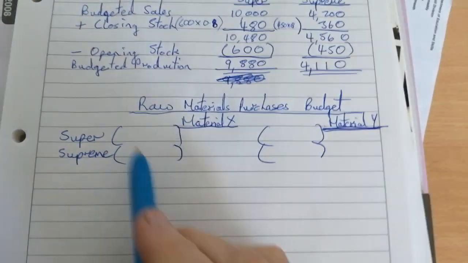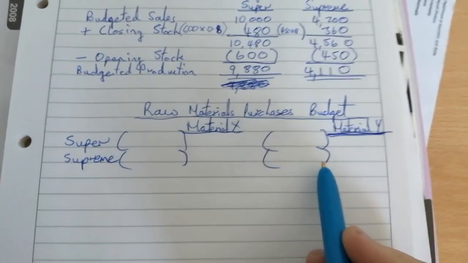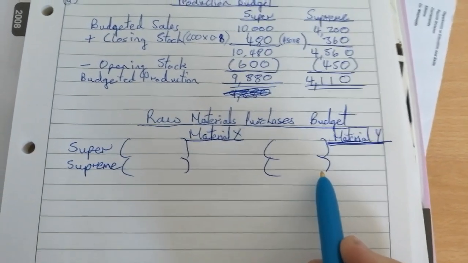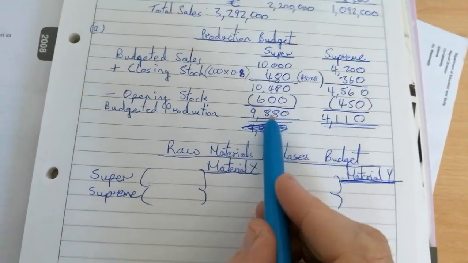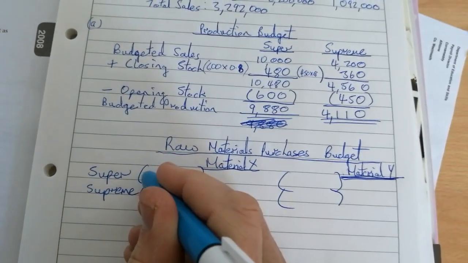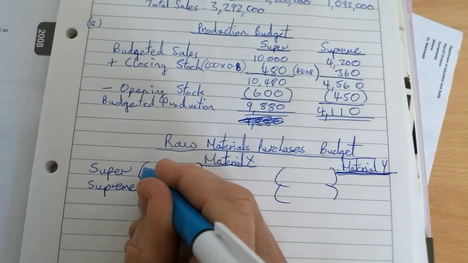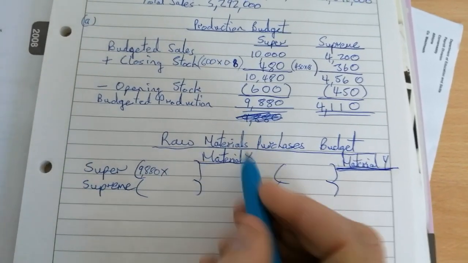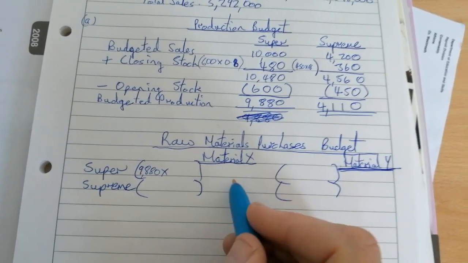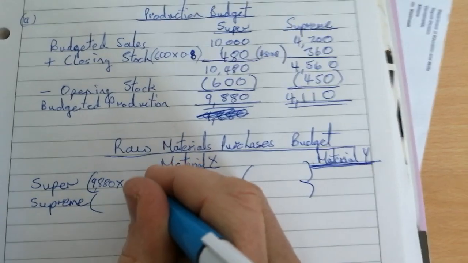So you can see the start of this is just the raw materials usage budget that you used to do at ordinary level.